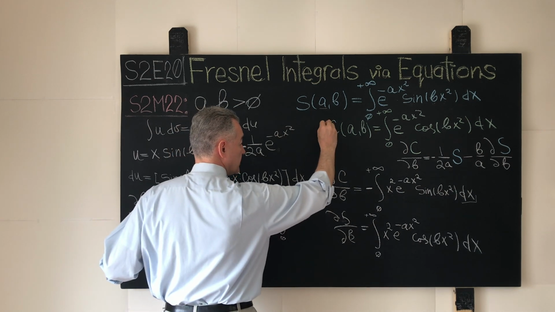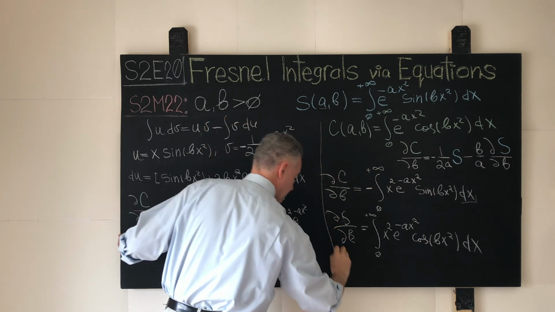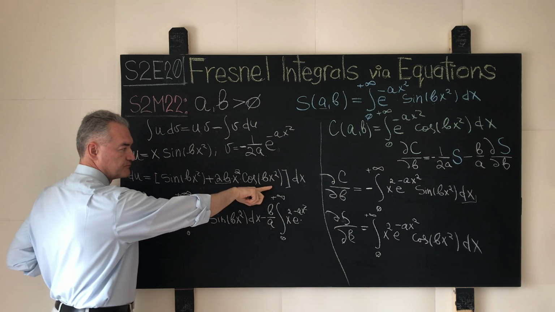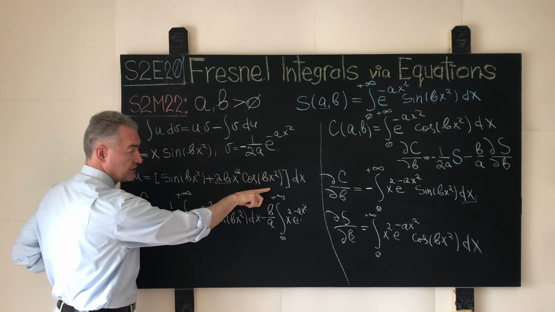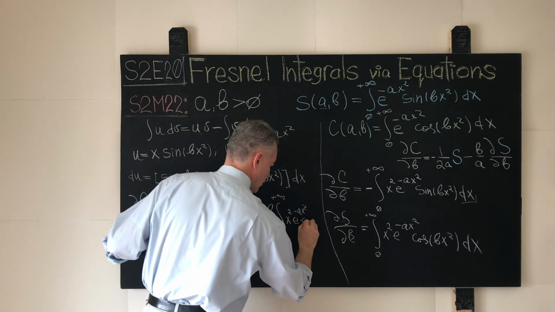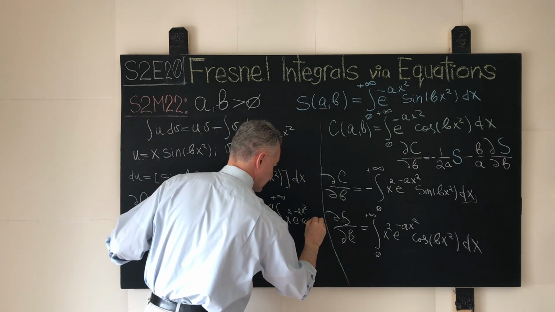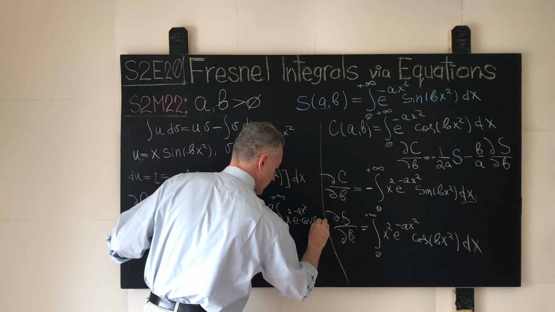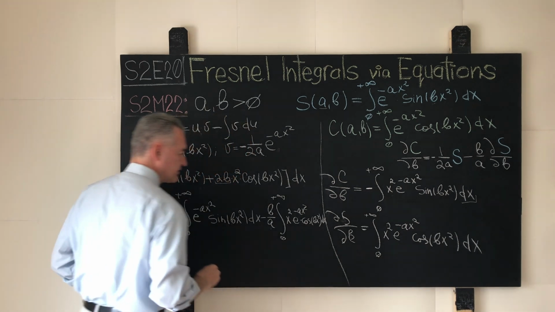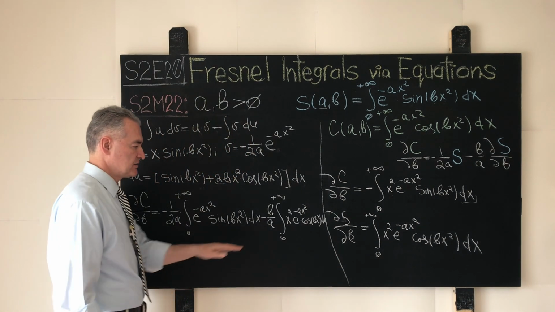Let me delineate this thing over here so we do not run into it. Times what? In the second summand over here. Times the trigonometric function of cosine. I apologize, this thing will be very tight. Bx squared dx.